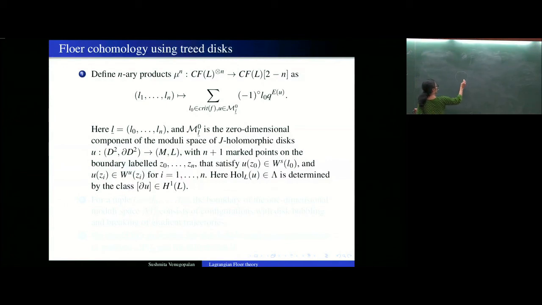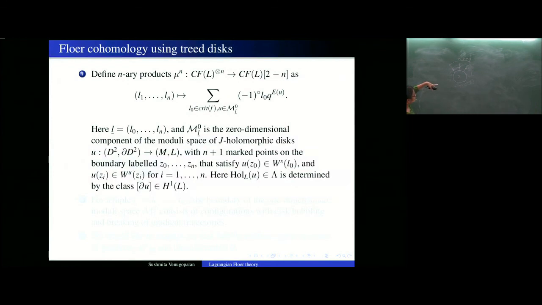So if this is your disk, I'm not drawing a nice three-dimensional picture, these are n inputs. All this stuff is lying in the Lagrangian L, and this is sitting in X. And we get an output, which is also a gradient trajectory sitting inside L. Please remember that all the gradient trajectories are sitting in L.